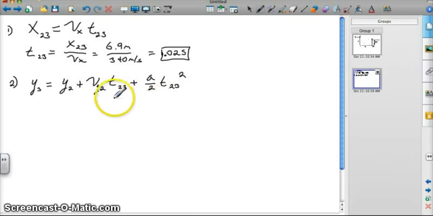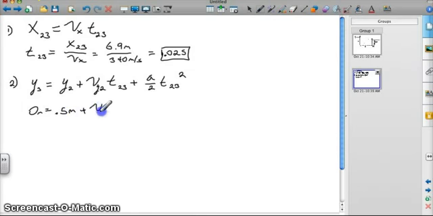If we plug in values here, we'll get 0 meters. 0.5 meters is where it was when it impacted the wall, or sorry, the window. This is what we're trying to find. We just found that that's 0.02 seconds plus negative 9.8 meters per second squared divided by 2 times 0.02 seconds squared.